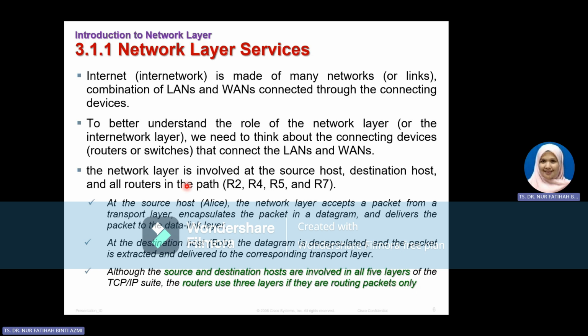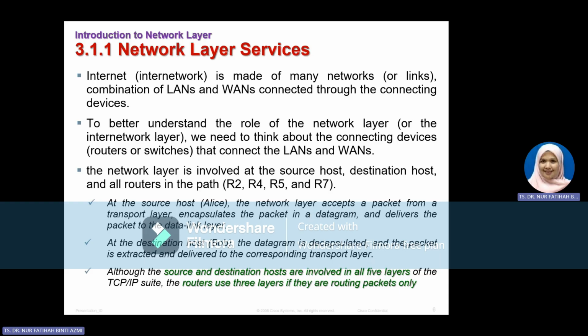At the destination, where Bob is the host, it is processed by the reverse process, which we call decapsulate. Encapsulate means wrapping the data before sending it, and at Bob's side it will decapsulate, that is, unwrap it. This is the reverse process.